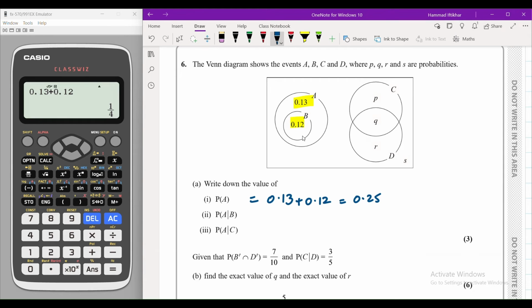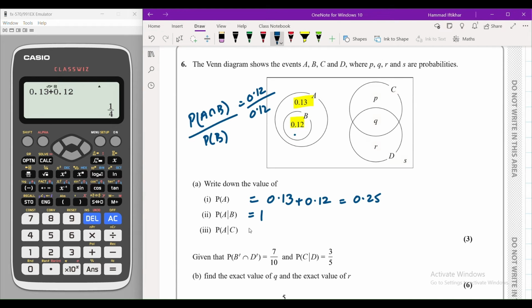A given B. Now the probability of A given B equals 1, simply because if an event is selected to be B, what is the probability that it is also A? That's 100% certainty. How do we know? The probability of A intersection B divided by the probability of B. A intersection B is 0.12 also. That's why it's 100% certainty.